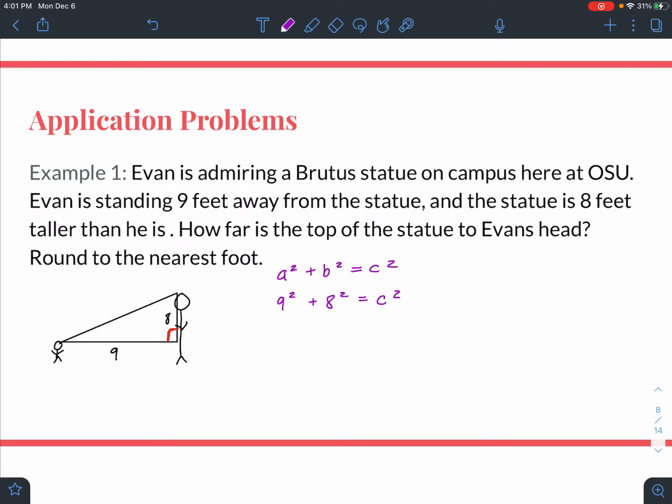And then I know that 8 squared is 64, and 9 squared is 81, is equal to c squared. 64 plus 81 is 145.